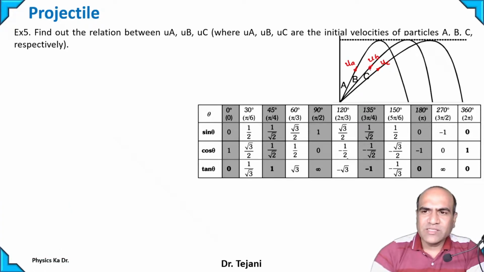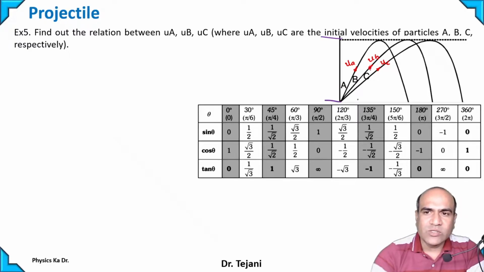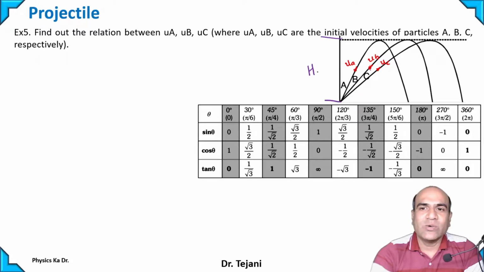Let us derive some conclusions from the drawing. First, the height of each of the components is equal. That means height HA is equal to HB is equal to HC.